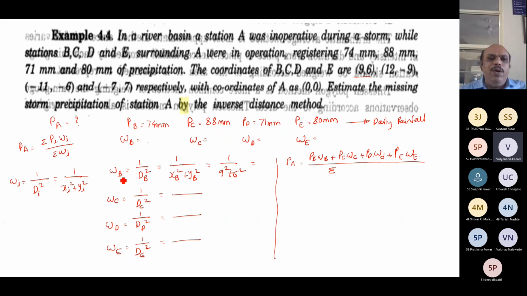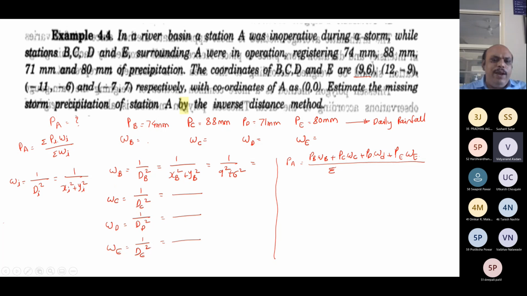So Wb is equal to what? It is 1 upon db square. And how to calculate db? From the coordinates, that is 9 and 6. These are the X and Y coordinates of station B, which are recognized as Xb and Yb. Xb is 9, Yb is 6. So it is 9 square plus 6 square, and 1 upon 9 square plus 6 square is Wb. Likewise, you have to calculate the values of Wc, Wd, We.